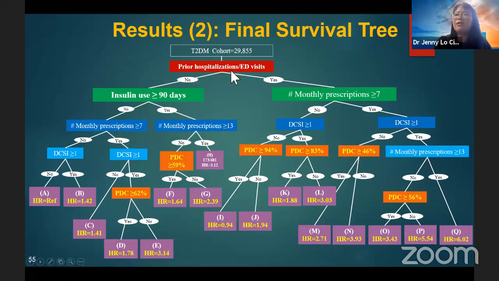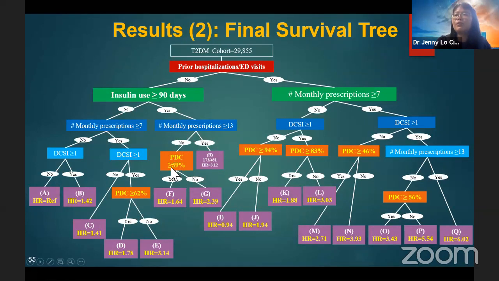If they don't have any prior hospitalization or ED visit, you go to this route. If they have insulin use greater than 90 days, they go to this route. If they have a monthly prescription count greater than 13, you go to this route, or if they don't have it, you go to this route.